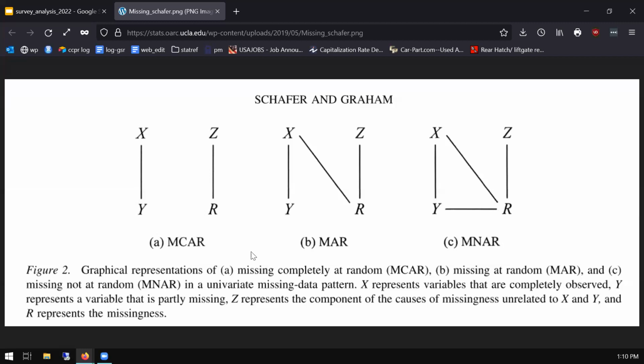There's no arrow connecting the two, and in this situation, Z and R is ignorable. You can ignore any unobserved variables you did not collect, and throw away the 30 observations that did not respond, and only make an estimate with the 20 people that did respond.